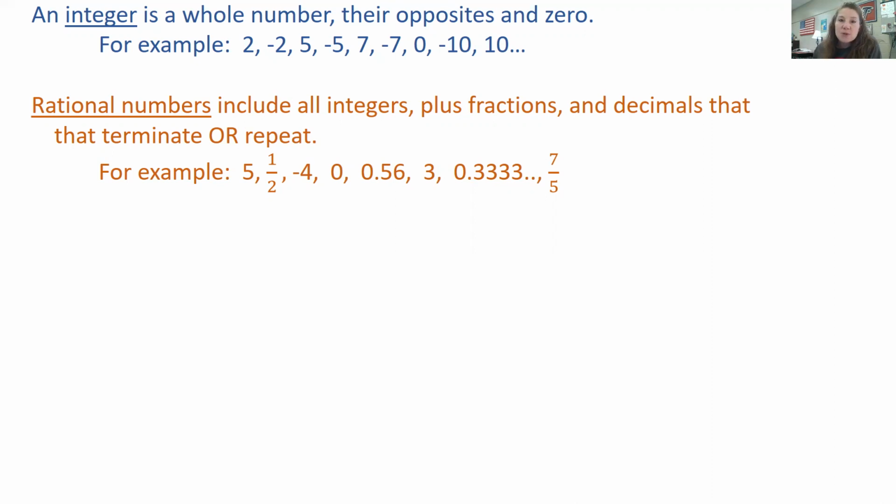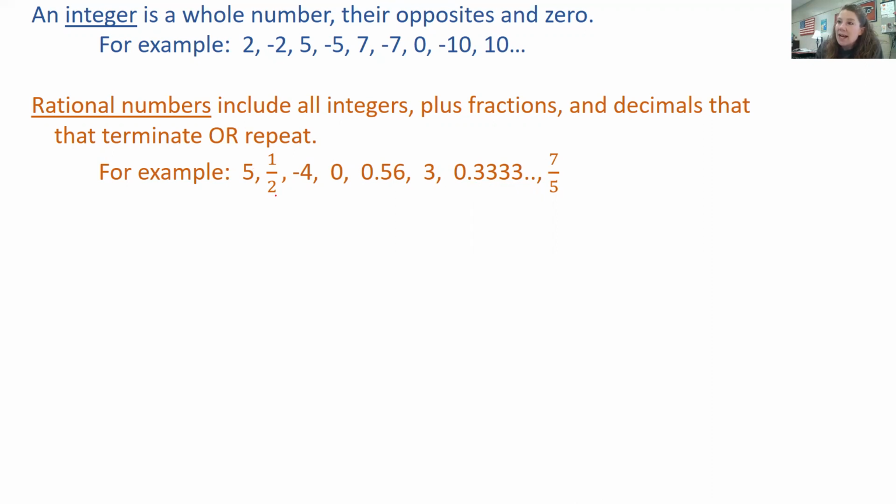And then decimals that terminate, which means to stop, like 0.5 or 0.25, or numbers that repeat in a pattern. So like this one right here, we have a decimal that doesn't terminate, but it repeats, 0.3333. Okay, so all of these are examples of rational numbers.